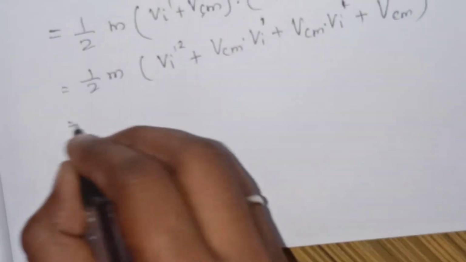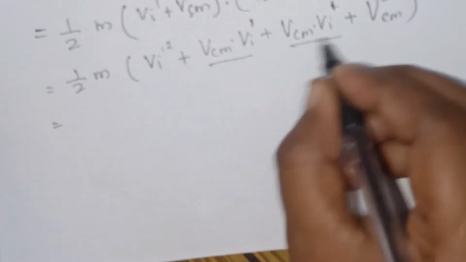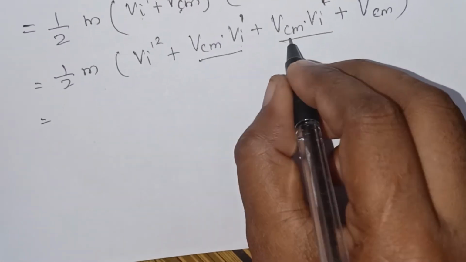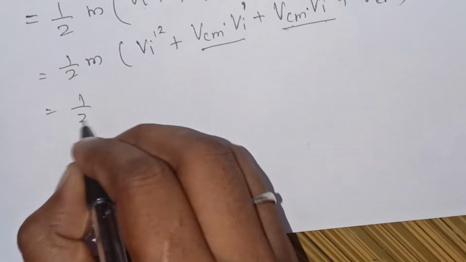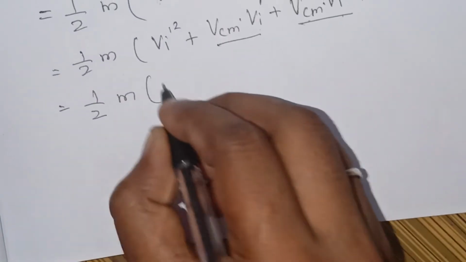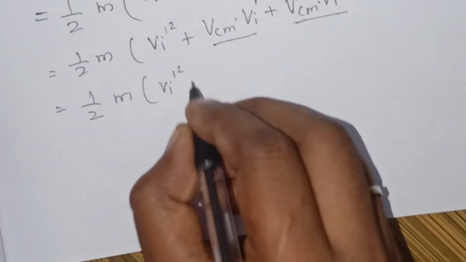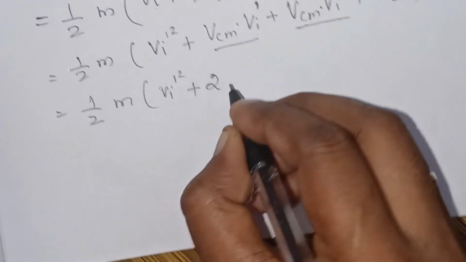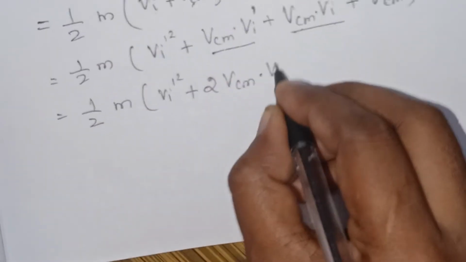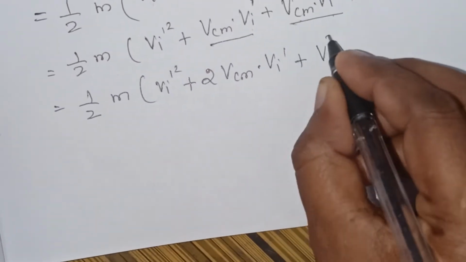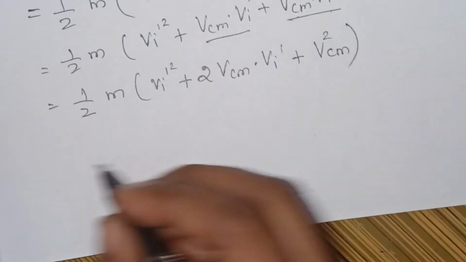So here we have the same term, Vcm Vi dash, twice. So the equation becomes half m Vi dash squared plus 2 Vcm Vi dash plus V squared cm.